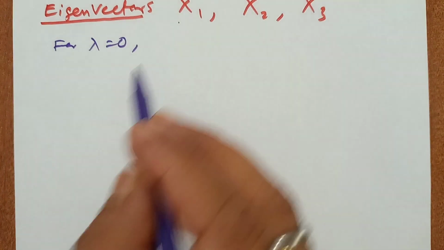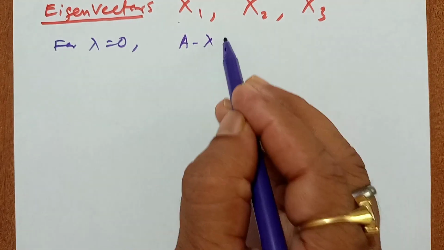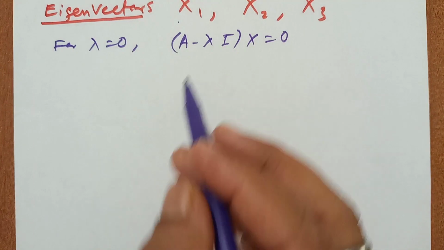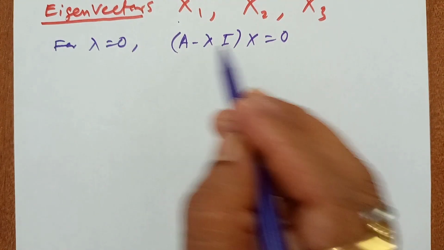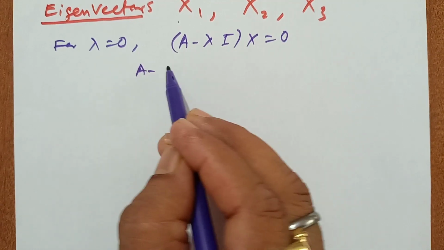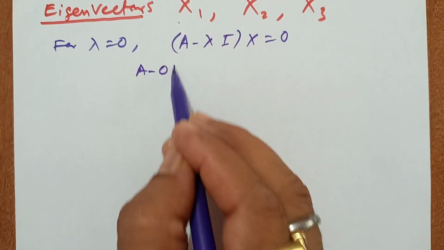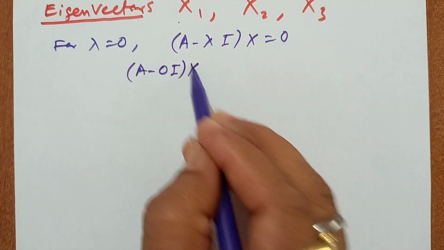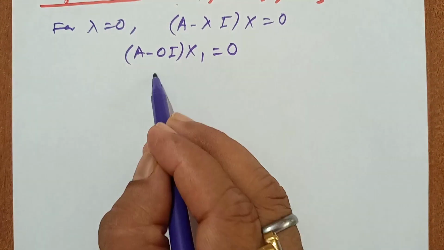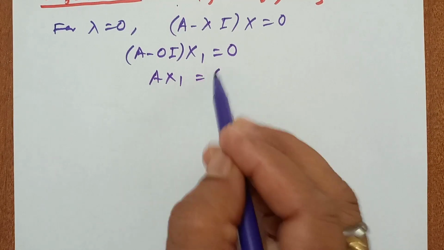Now (A minus lambda I) x is equal to 0. Putting the value of lambda, A minus 0 I is nothing but A, so A x1 is equal to 0.